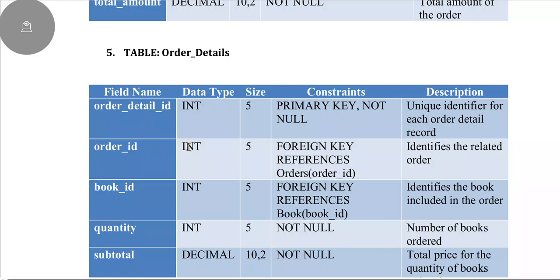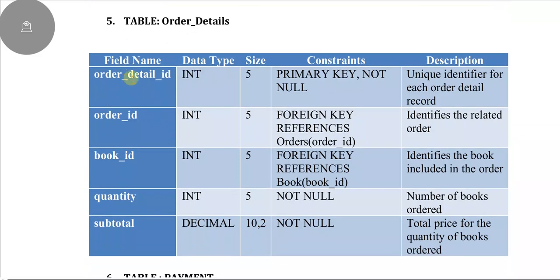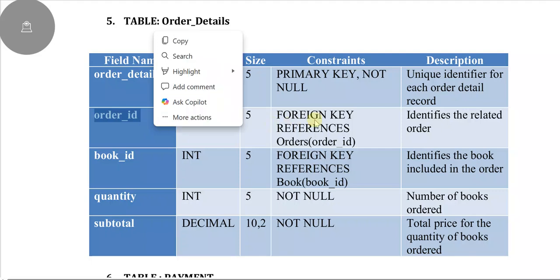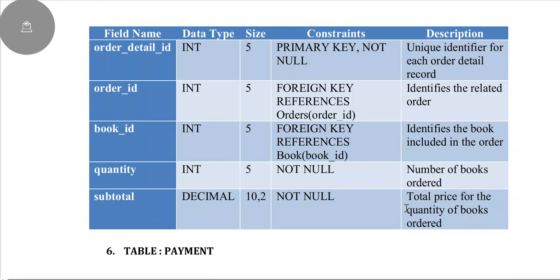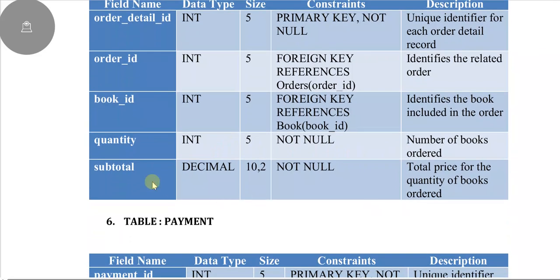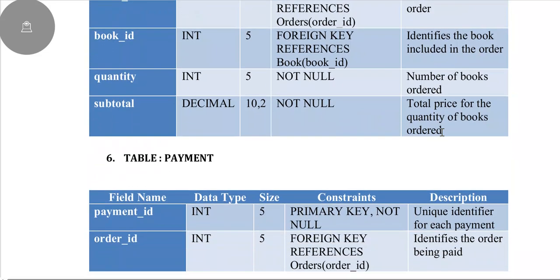These order details contain order details ID as primary key, and order ID as foreign key, which has reference in the orders table, and book ID, which is a foreign key referencing the books table, and also quantity, which is used for the number of books ordered, and subtotal, which is used for the total price for the quantity of books ordered.